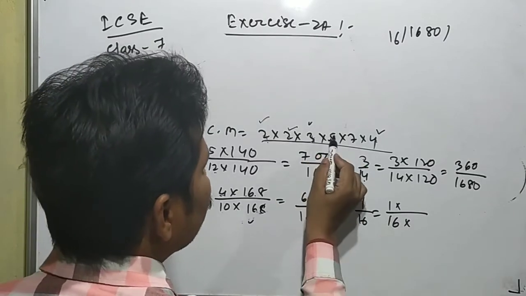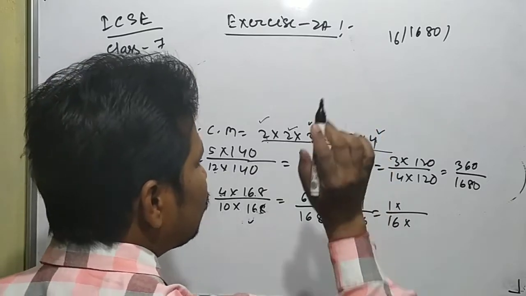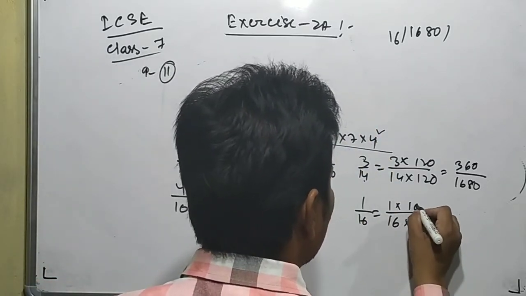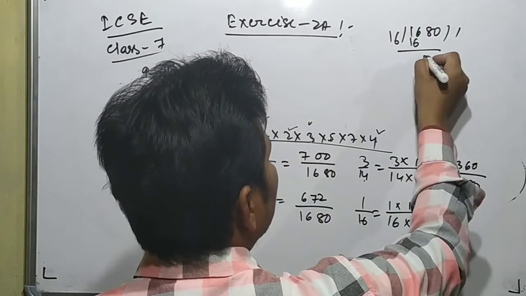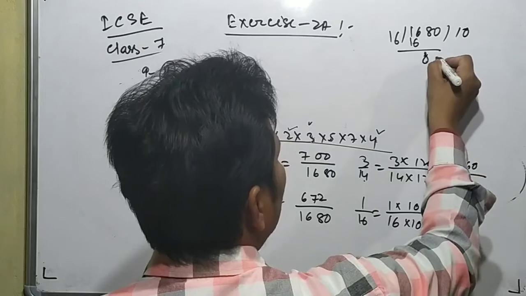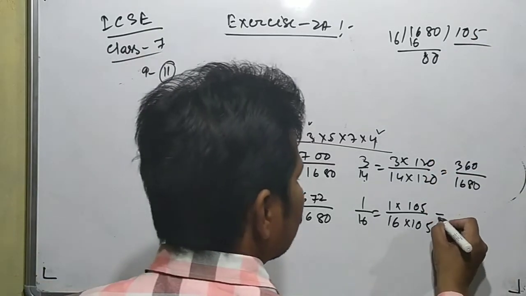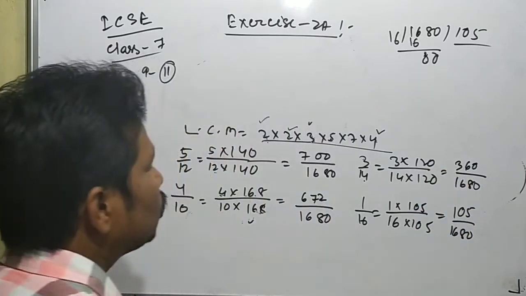The rest of the digits are 3 into 5 into 7. So 3 into 5 equals 15 and 15 into 7 equals 105. So 105 here also. Our result is 105 by 1680.